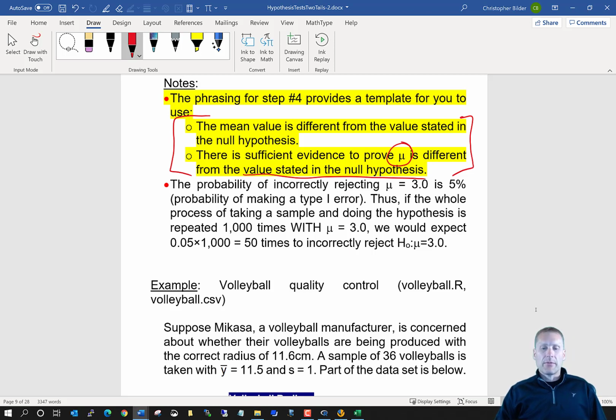A second note. Let's think about what this type 1 error of 5% actually means. The probability of incorrectly rejecting mu equal 3.0 is 5%.